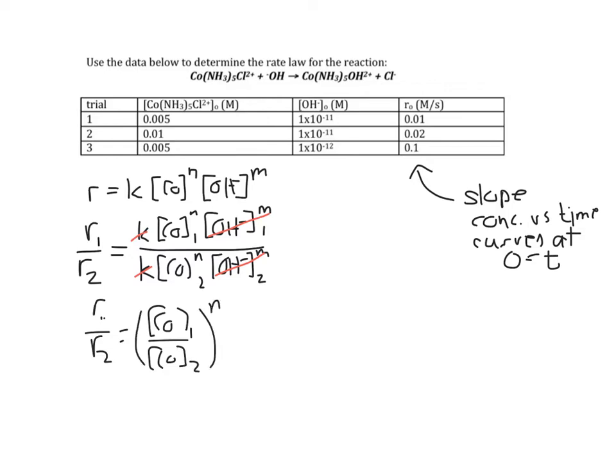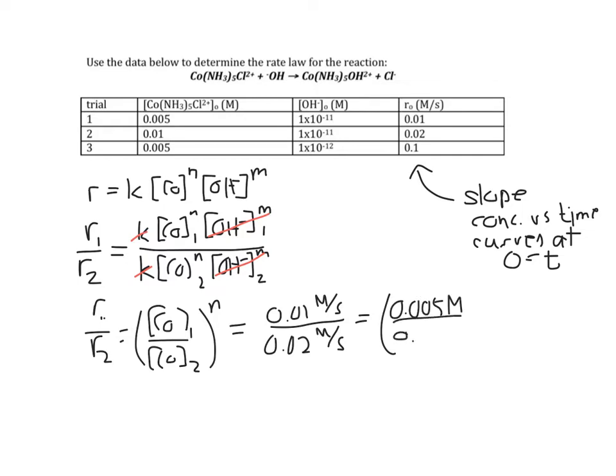And I know the rates. Rate 1 is 0.01 molar per second, and rate 2 is 0.02 molar per second. And that has to equal the ratio in the concentrations. So for trial 1, I have 0.005 molar, and for trial 2, I have 0.01 molar of the cobalt amine raised to the nth.